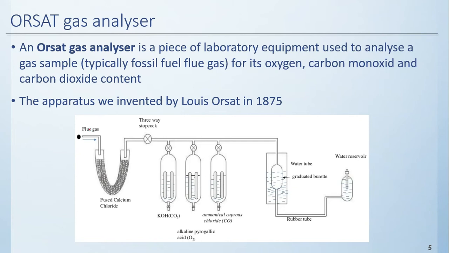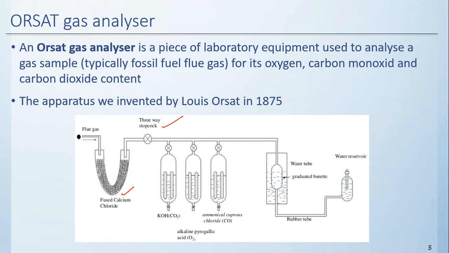So the working is like this: you have your flue gases, which came from an engine after combustion, or let it be from anywhere. Now this moves through fused calcium chloride. The calcium chloride has a property of absorbing water vapor, so the water vapor in your flue gases will be absorbed, and the remaining flue gases flow through the three-way stopcock.